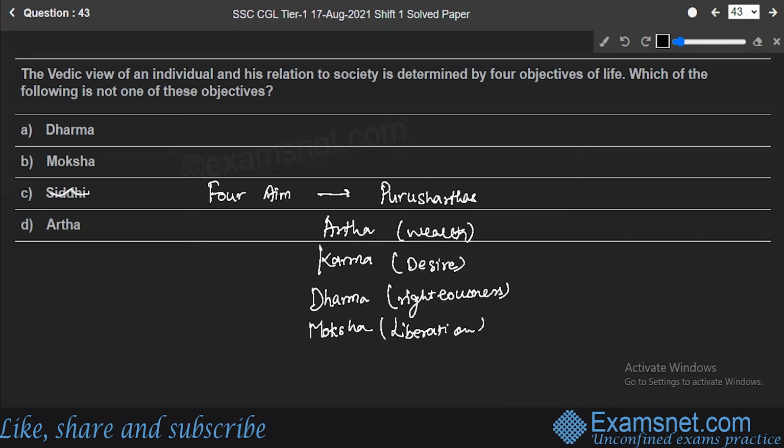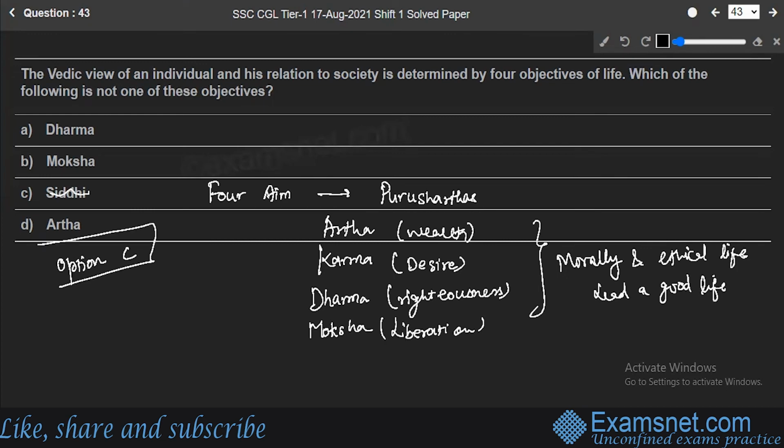These provide Hindus with the opportunities to act morally and ethically and lead a good life. So siddhi is not the objective of life according to the four aims of Hindus. Option C is the answer to the question.